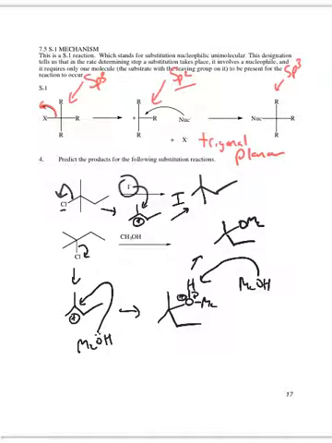And this step is going on in equilibrium, where the hydrogen transfers from the protonated ether that we just formed to the methanol.